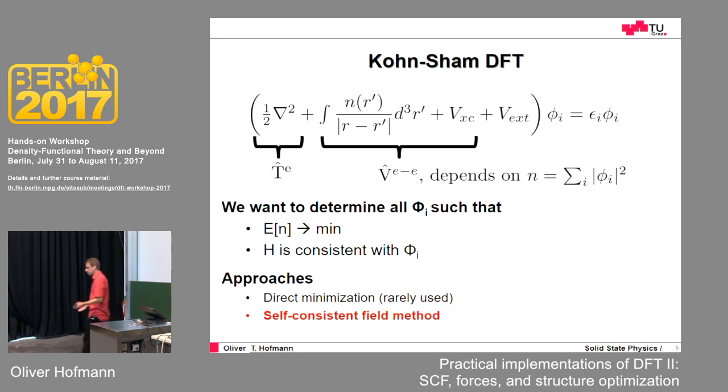This is all just a repetition of what Hardy Gross has said in much more detail earlier today. We want to determine the orbitals, or auxiliary variables, such that the energy as a function of the electron density is a minimum, and such that the Hamilton operator that includes the electron density is consistent with the orbitals that we get out of it.